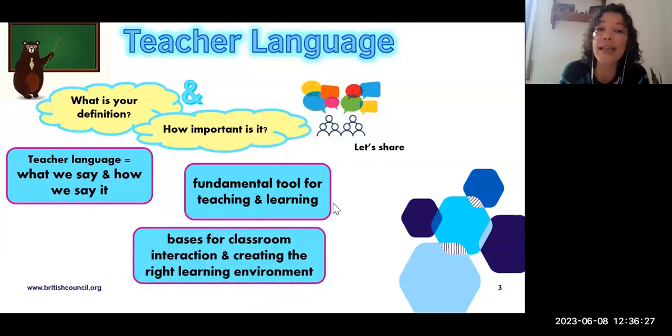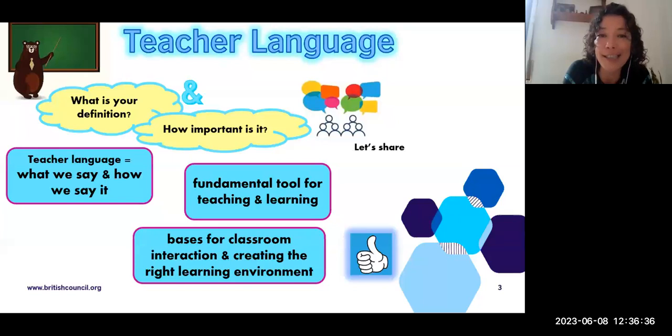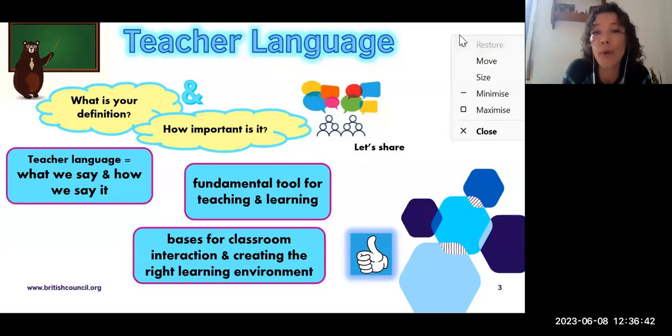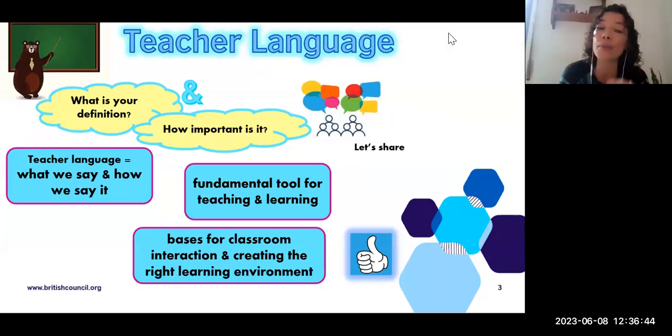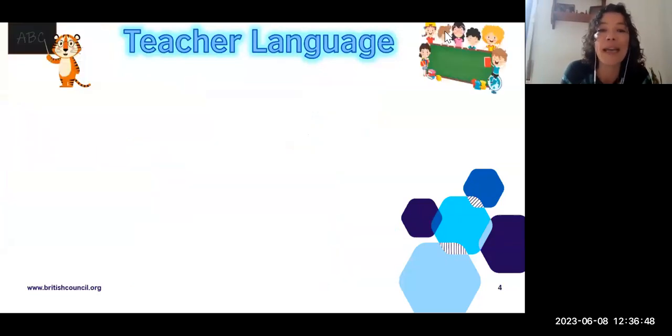So in many ways, it's the basis for our classroom interaction and creating the right learning environment. I'm going to have a quick look because there's lots of, yes, motivation and learning. Excellent. Good job. Perfect. So before we move on, that we're clear in our minds of what we actually mean by it.